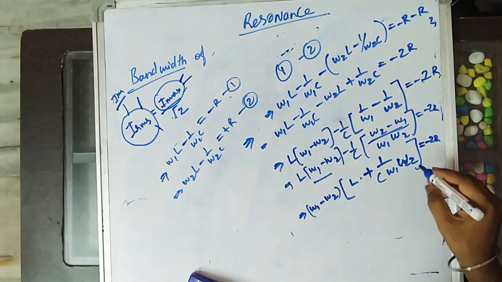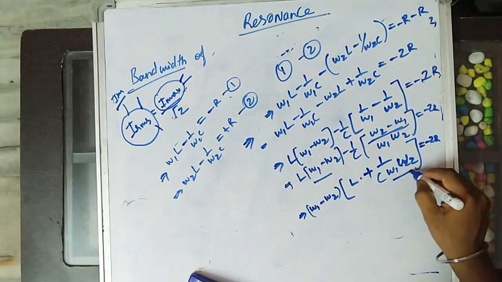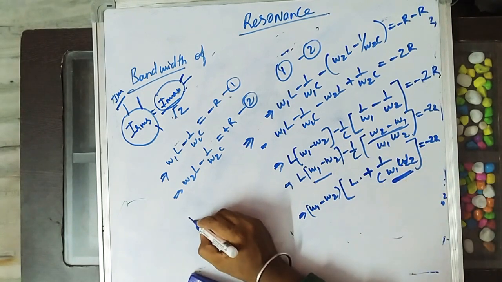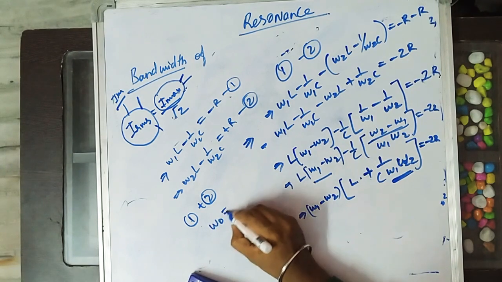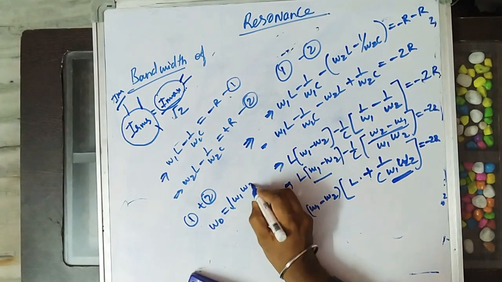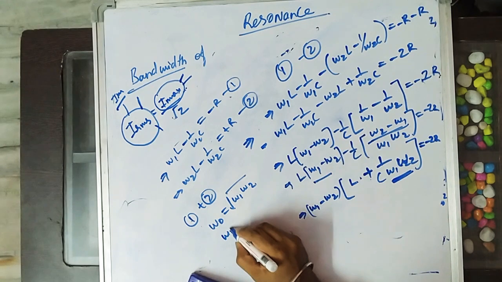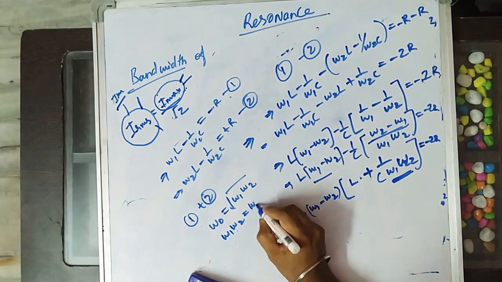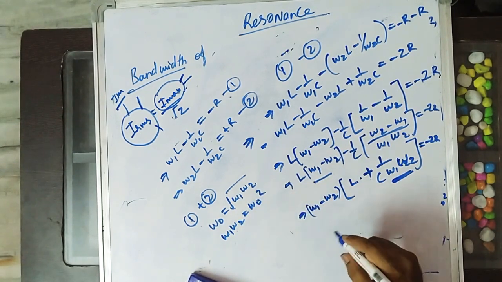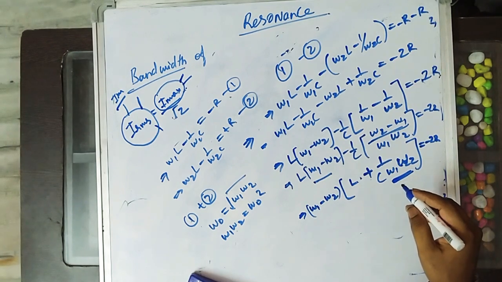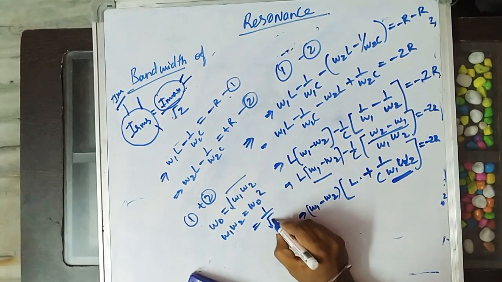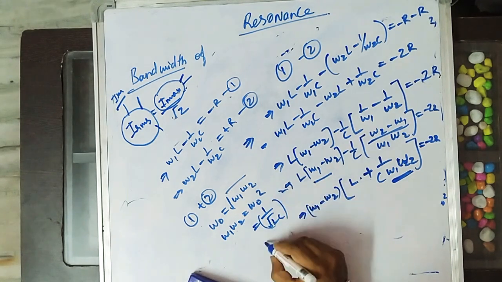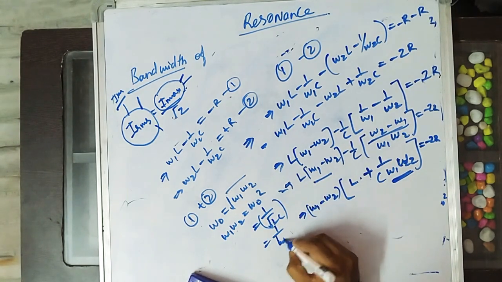Now if you observe carefully, in the previous step, adding 1 plus 2, you got a relation called geometric mean. So omega 1 omega 2 equal to what? Omega naught square. Then omega naught equal to 1 by root LC, you square that, then 1 by LC.